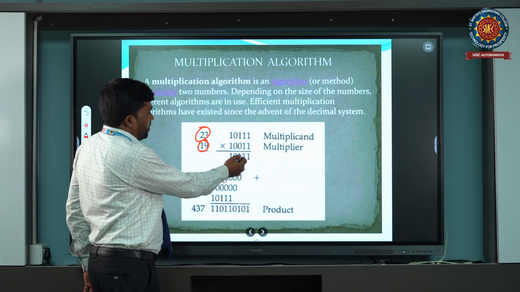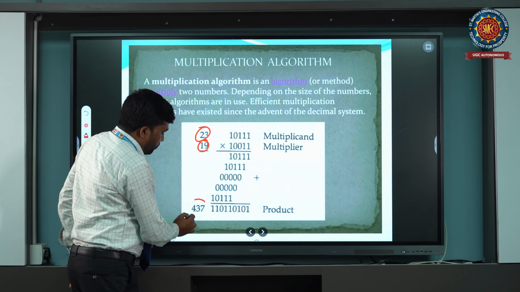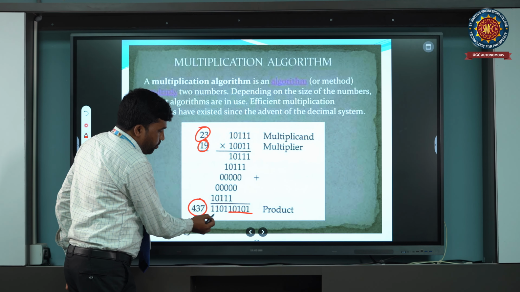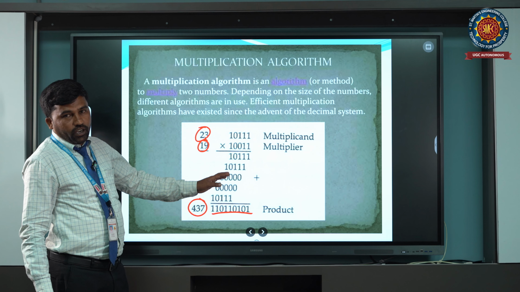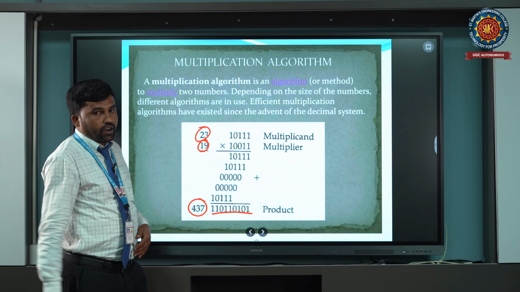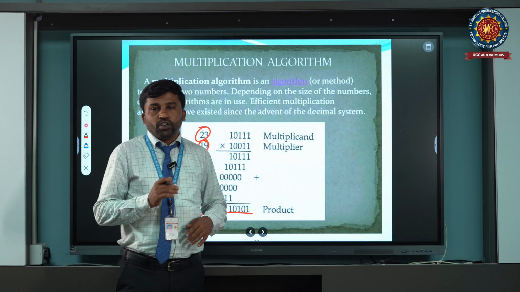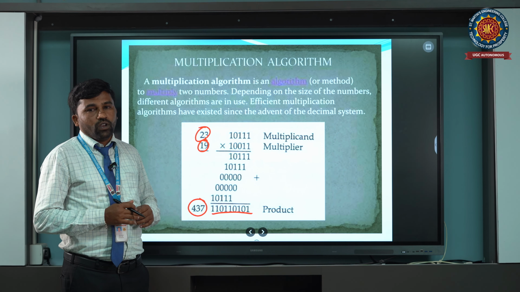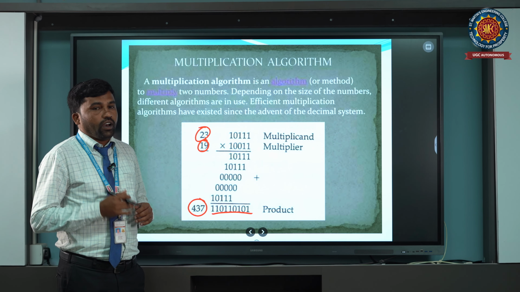Then we do the multiplication and get 437 as a binary product in general multiplication. But in computer architecture it is not possible like this. Based on the circuit we have to process, and we get the output in the ALU.